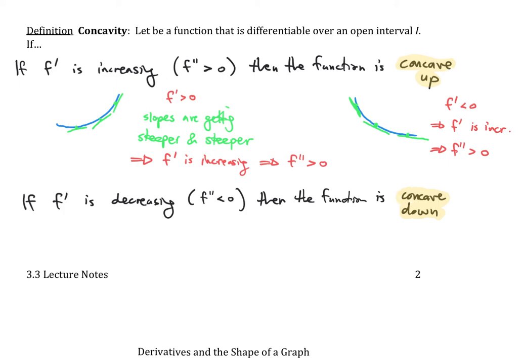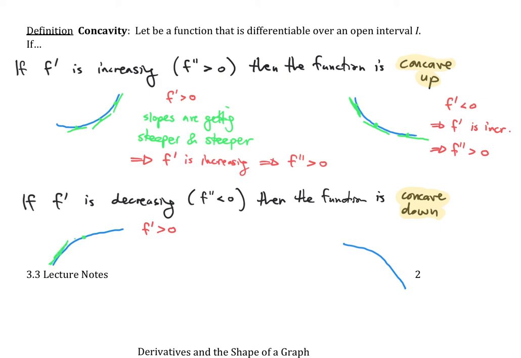All right, so let me draw a couple of pictures to help you understand this situation. You know, we could draw something that looks like this. We could draw something that looks like this. And I hope you can see that on this curve on the left, again, my first derivative is still positive. This function is increasing, right? But when I look at the tangent lines, this tangent line is steep.